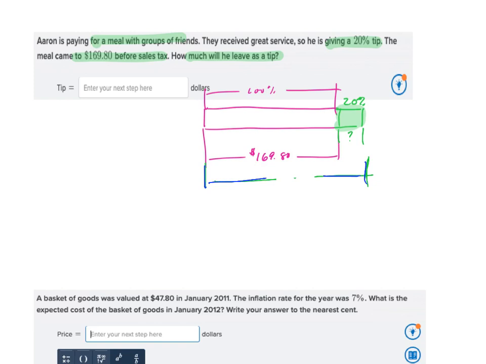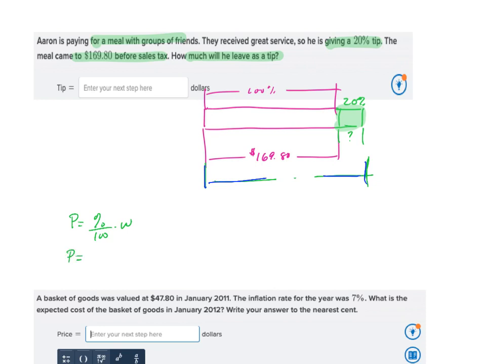So again, we're going to go back to our proportion. I'm going to say, well, we could use a percent equation here. We could do one of two ways. We could do the percent equation, which is the part equals the percent over 100 times the whole. And we're trying to figure out the tip, so that's the part.